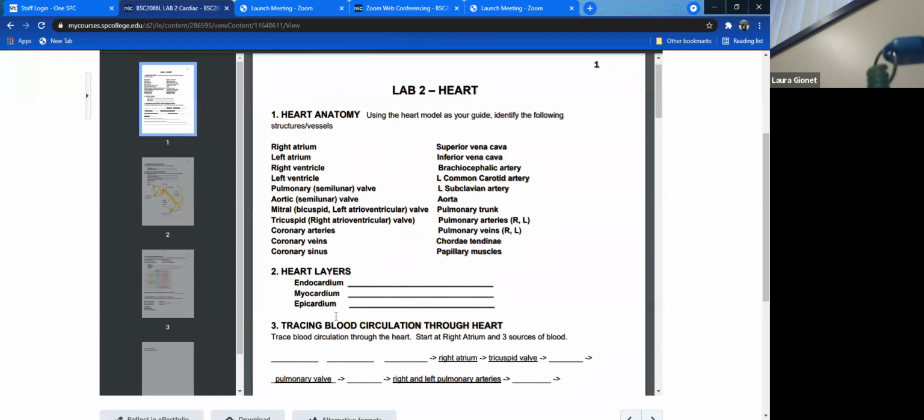The heart layers, by looking at a model, we will identify the endocardium, the myocardium, the epicardium. When it comes to the layers, I want you to know the tissue and the function. The endocardium is the deepest of the layers. It is composed of simple squamous epithelium, or epithelial tissue.